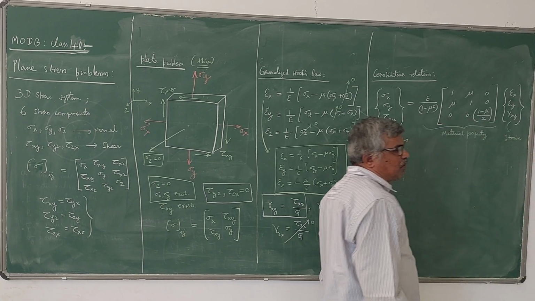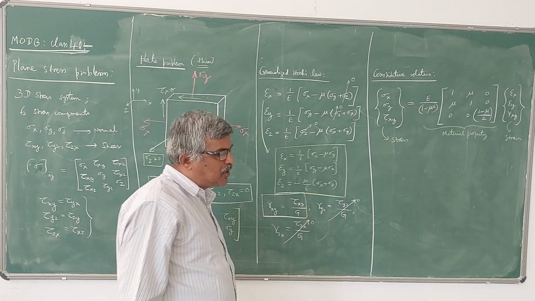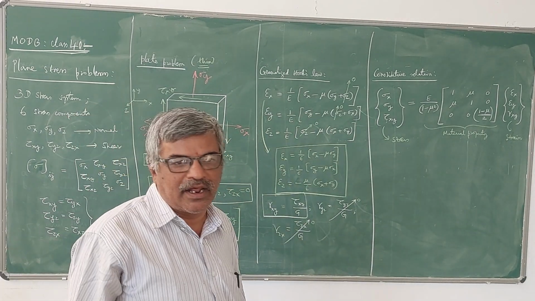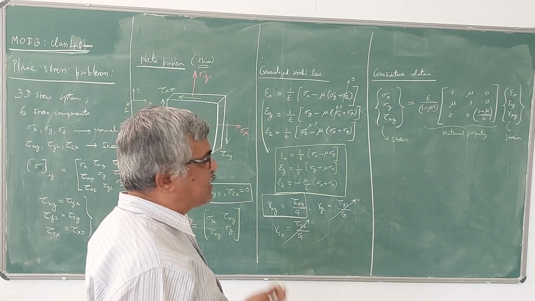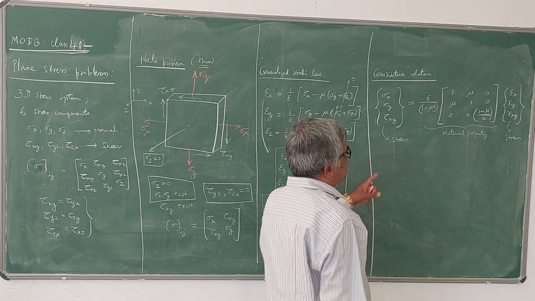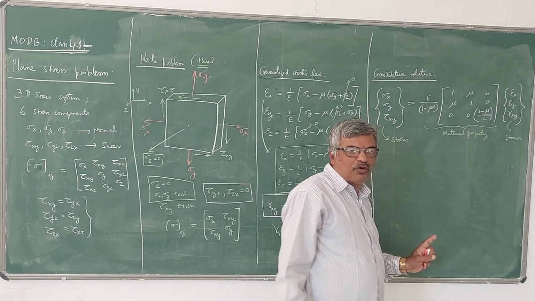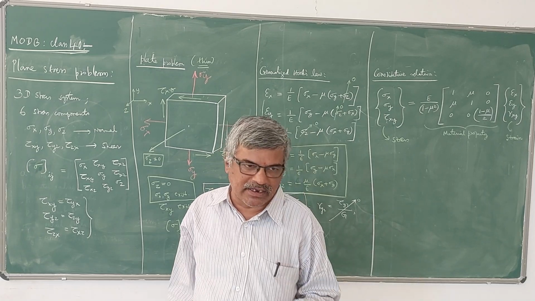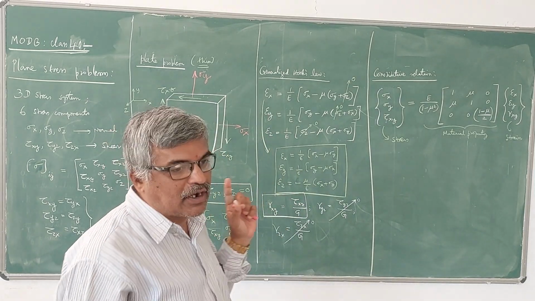Sigma is equal to E into epsilon in the case of a uniaxial loading case, where E is Young's modulus. But here, since we have to consider the effect of the force in both the x and y directions, Poisson's ratio also will come into the picture.